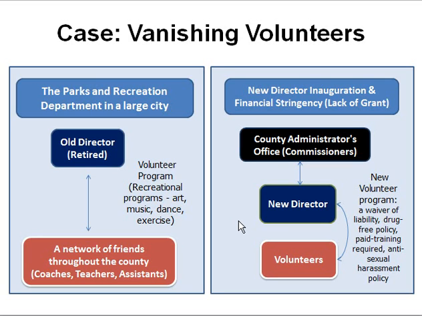He had a network of friends throughout the county, volunteer coaches, teachers, and assistants in the recreation program in the areas of art, music, dance, and exercise. But now he's retired. That's the thing.